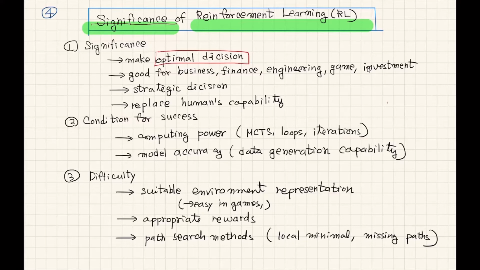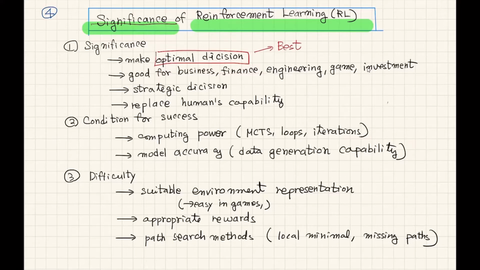By combining the neural network with reinforcement learning, we can make the best decision. So AlphaGo can compete with any human Go player. That's because they combine a deep neural network, since it is a very complicated problem, but they also use reinforcement learning because this is a way to make the optimal best decision.